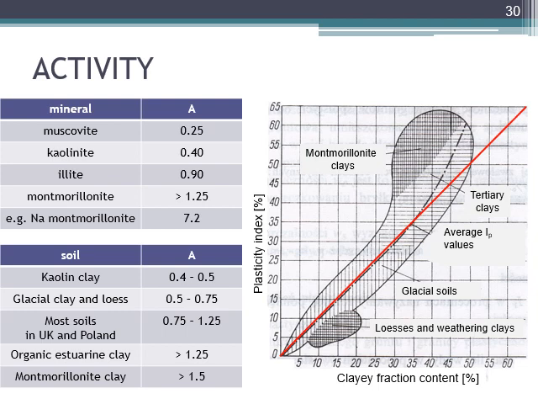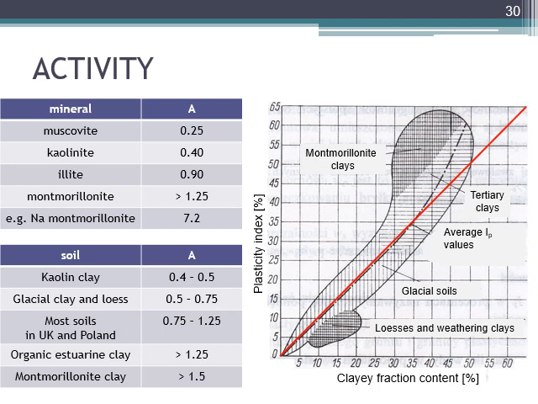We say that these soils are very active, and they will also be characterized with high expansive properties. On the other hand, we may find loess and weathering clays, which will have the plasticity index lower than expected. All that depends on the mineral composition of the soil.